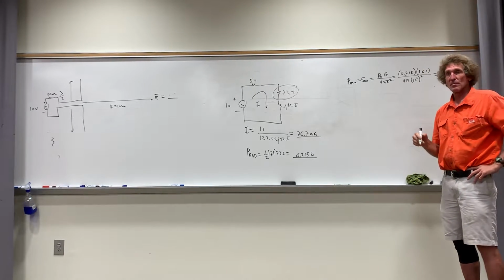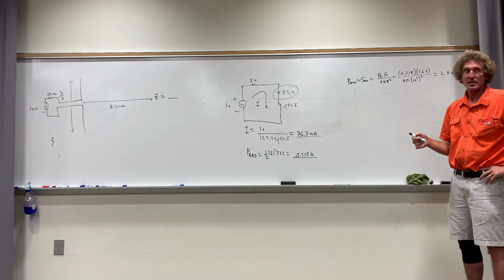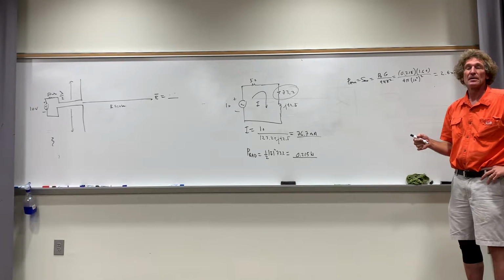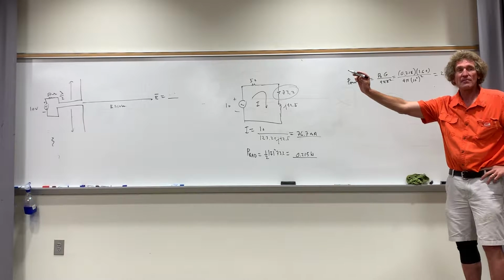And from the last problem, how do we get the electric field from that? That just relates to intrinsic impedance. Remember, the average power is 1/2 times the magnitude of the E field squared over eta.